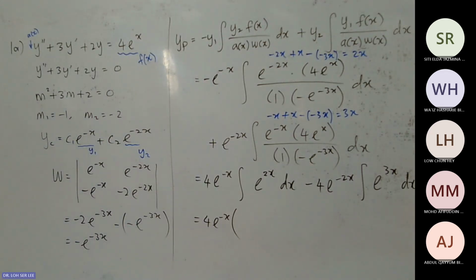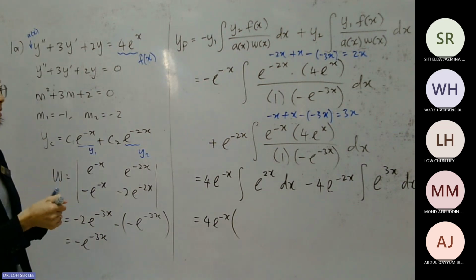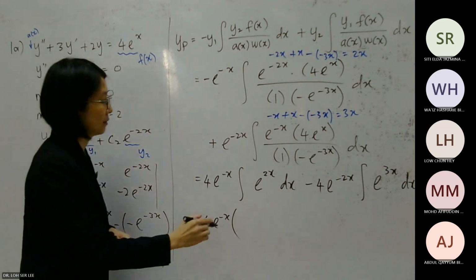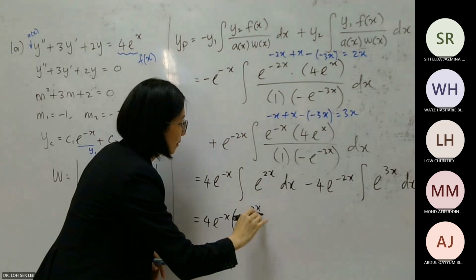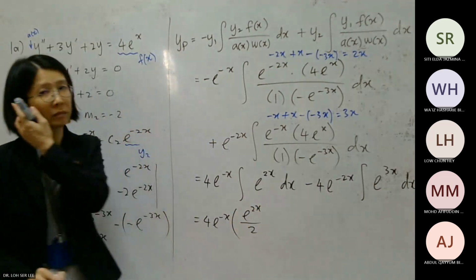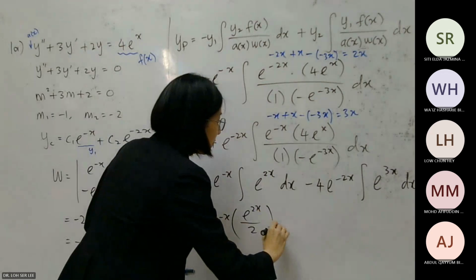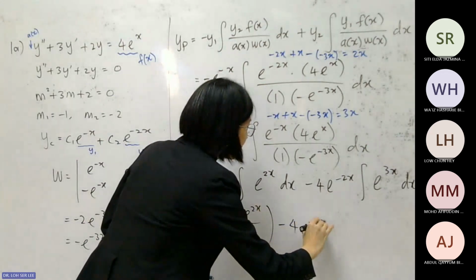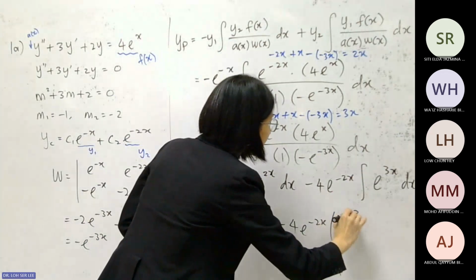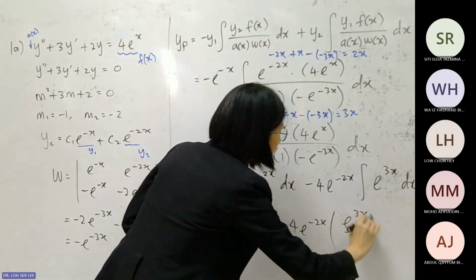So integrate e^(2x), and integrate minus 4e^(-2x), giving e^(3x) over 3.